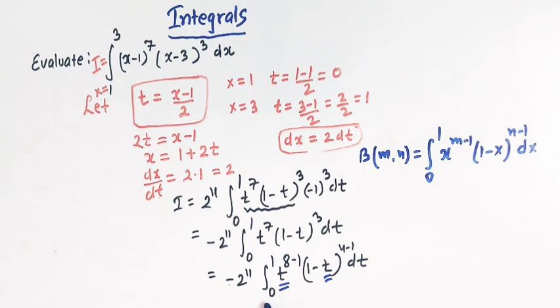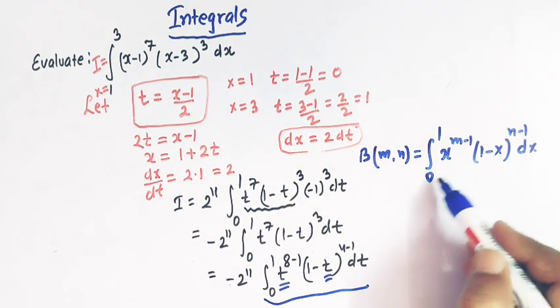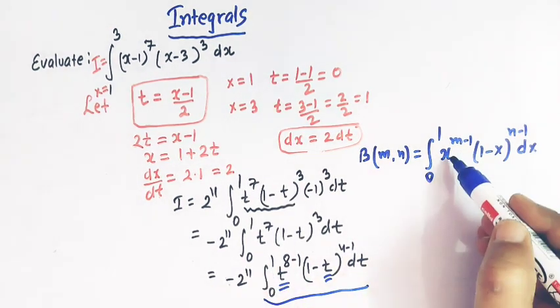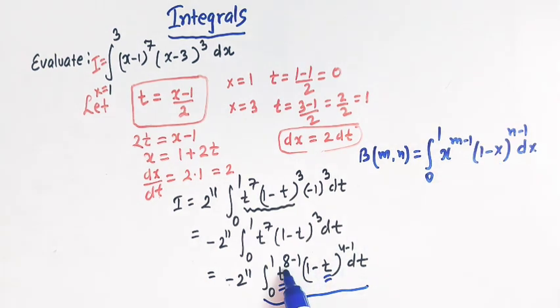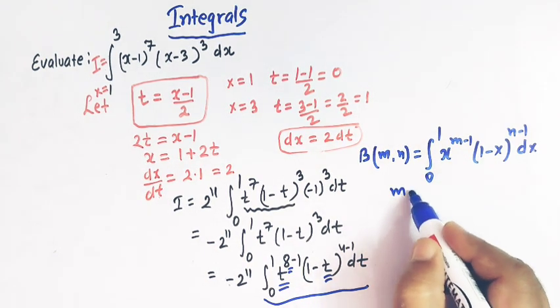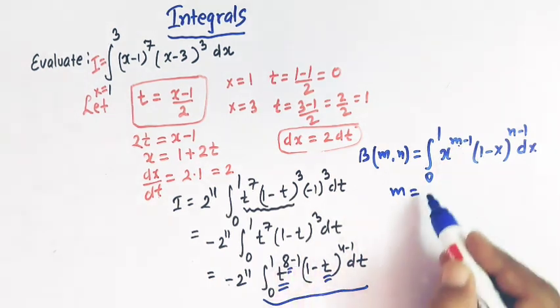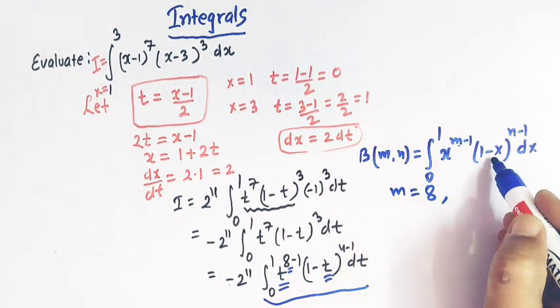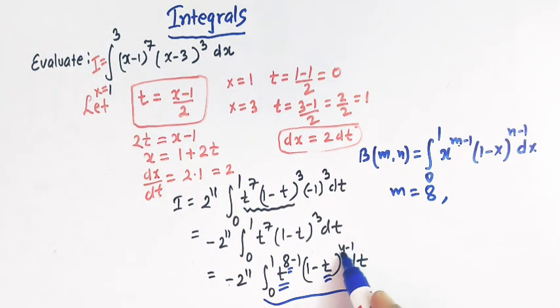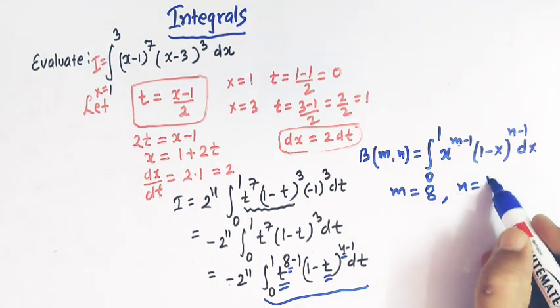If we compare this integral with this one, the value of m is equal to 8 and the value of n is equal to 4, right?